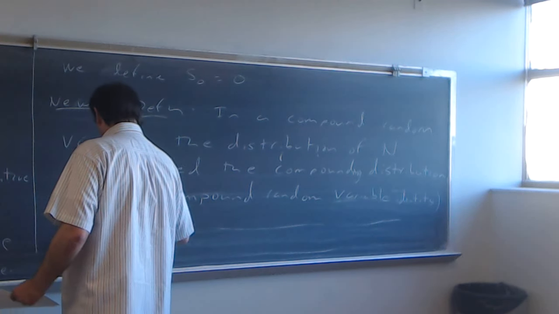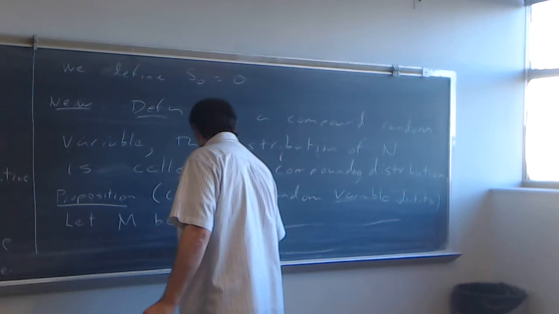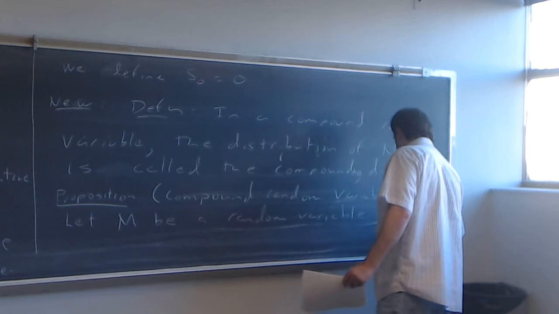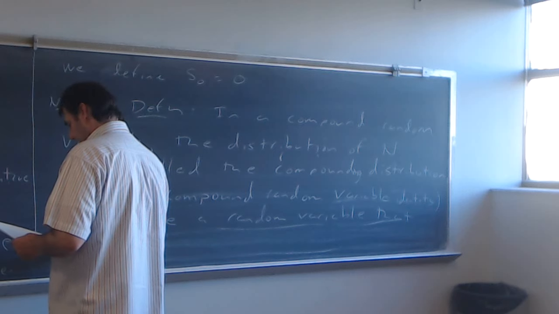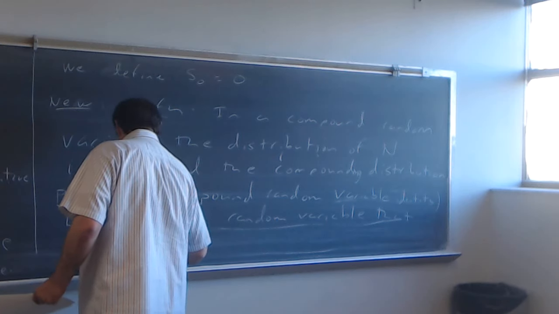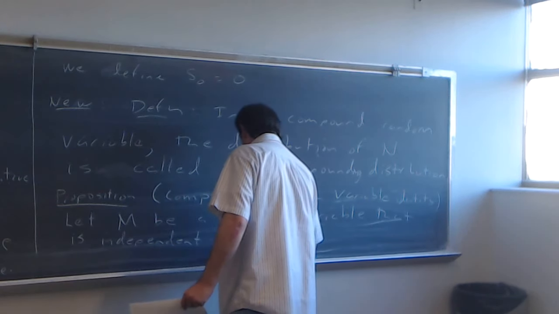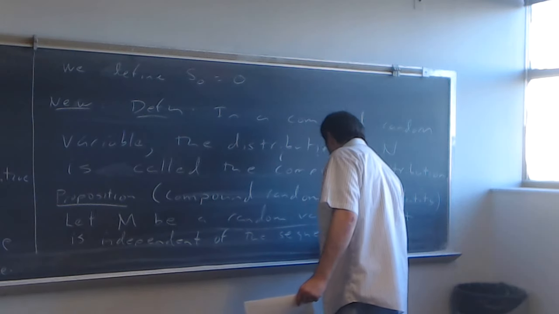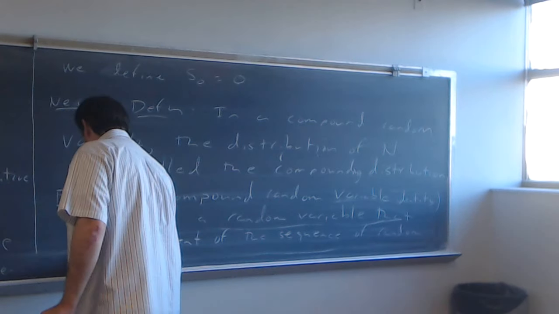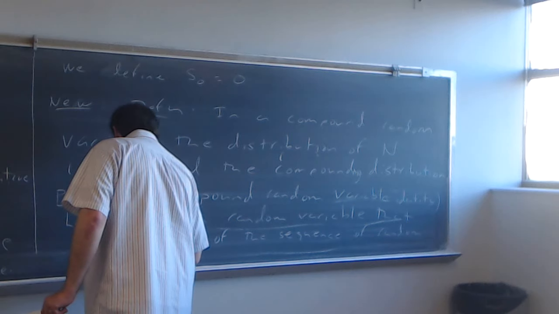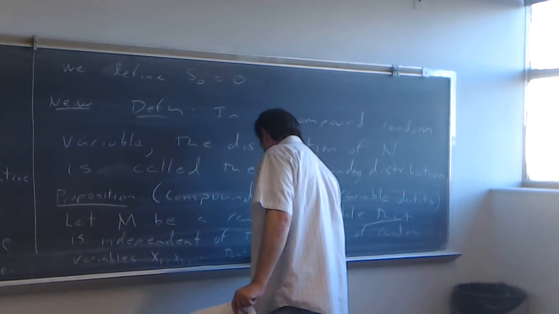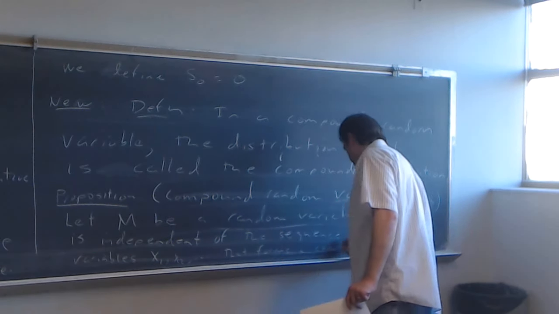Let M be a random variable that is independent of the sequence of random variables X1, X2, forever, because that forms a compound random variable.